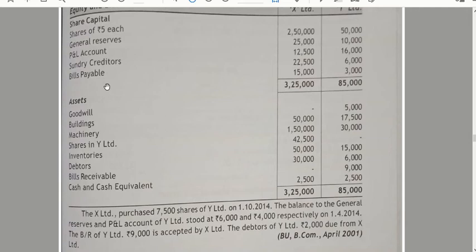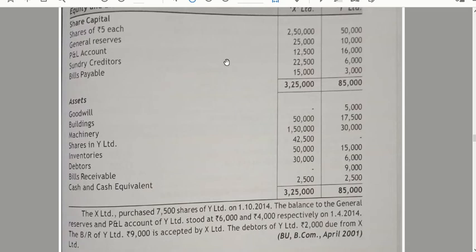So from 1/4/2014 till 1/10/2014 we will consider: April, May, June, July, August, September, till the 1st of October 2014, it will be considered to be your capital profit. So 6 months of the profit and 6 months of the general reserve is considered to be your capital profit.